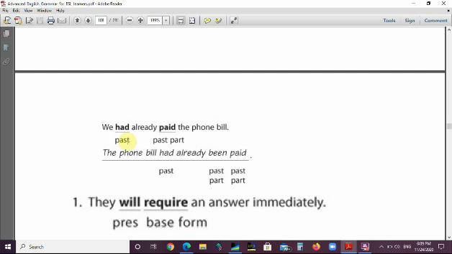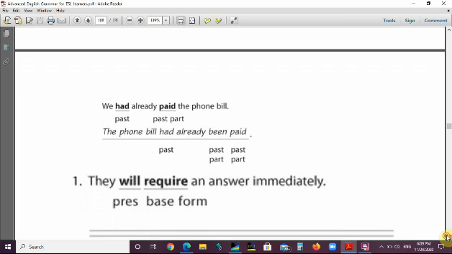Had is past of have. Paid is past participle after had. So the passive form of this sentence is the phone bill had already been paid. Where is the verb? Had, past, been past participle, paid past participle.